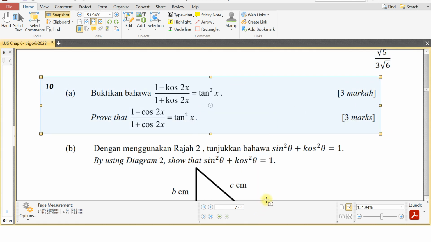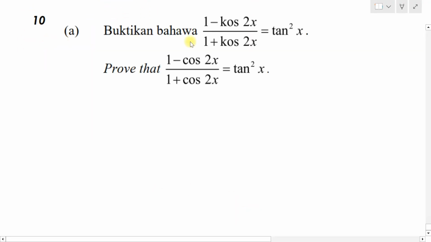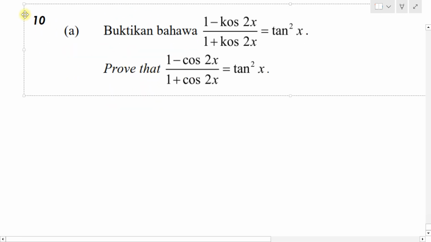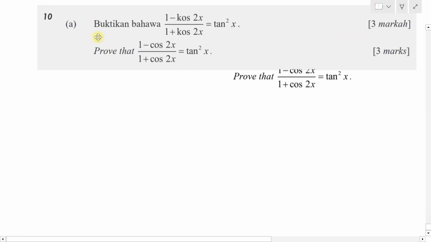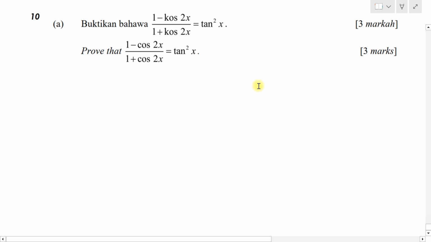Okay, let's solve question 10a first. Normally proving questions will be asked in your paper 2, not paper 1. But in today's trend, we cannot predict what question will come out for paper 1 or paper 2. It's like that already. I recommend you start from here, because you know the cos 2x you need to adjust until you get tangent square x.